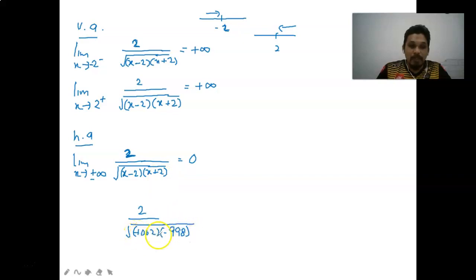Negative multiplied by negative equals positive, so 1002 multiplied by 998 is a big number.